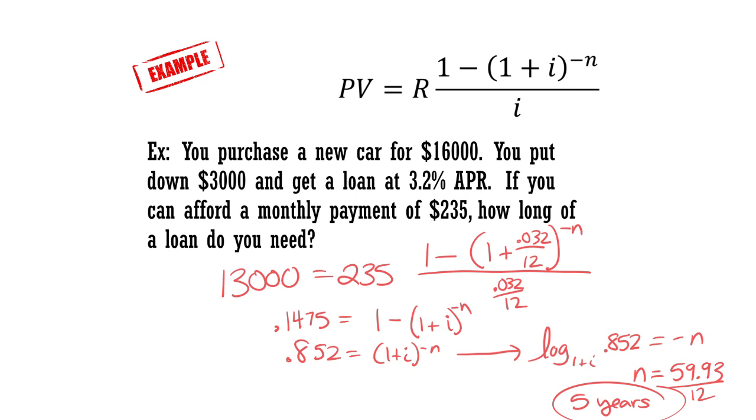Now, just out of curiosity, how much do you think that loan ended up costing you? You made 60 payments of $235. So I'm going to do 60 times 235. That cost $14,100. So the bank charged you an extra 1,100 to borrow that money for 5 years.